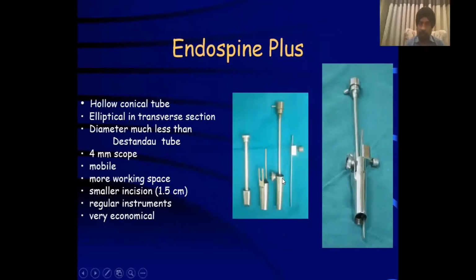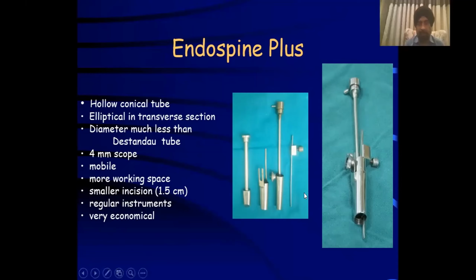It has a smaller diameter than the Destandau tube, about two-thirds of the diameter, and it is hollow from inside. You must have seen the Destandau tube has multiple channels through which you pass the instruments, but here you have just two channels, one for the telescope and another bigger free space to pass the instruments, like in the EasyGo system.